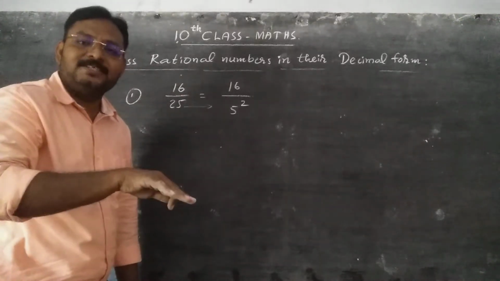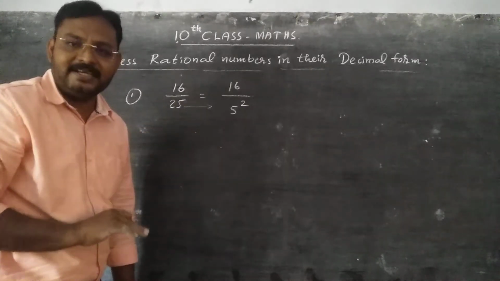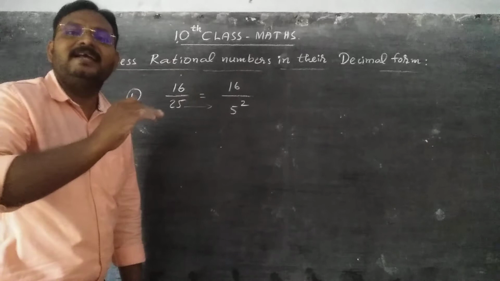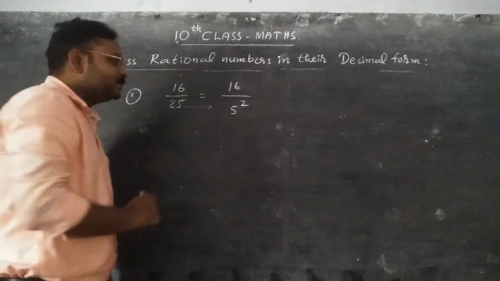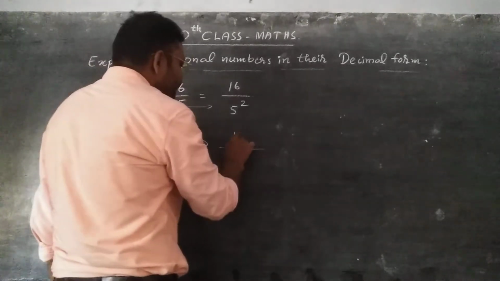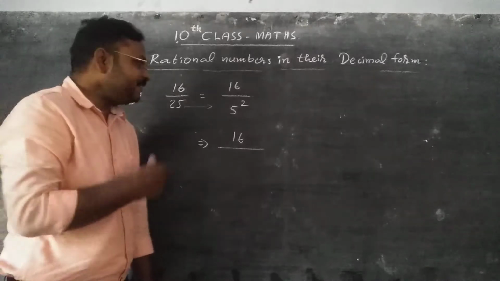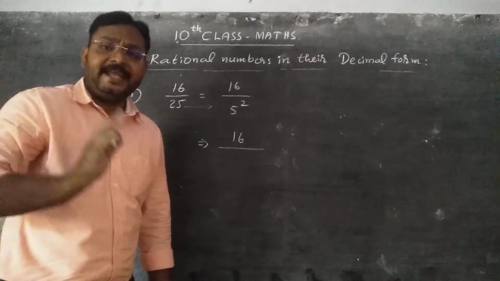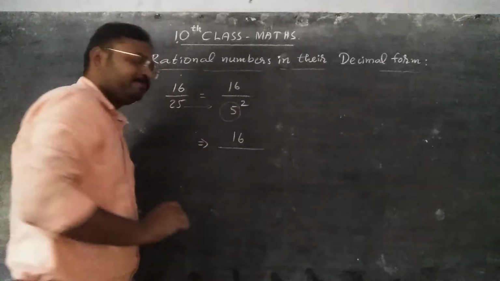Why is the decimal expansion terminating? Because the denominator is 5 power m, here 5 square. See here, 16 you write as it is. In the denominator, take the base 5 only.